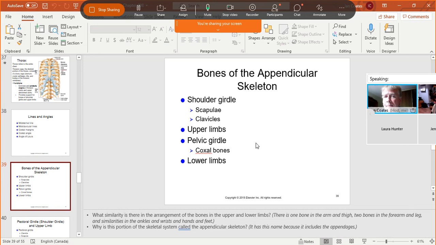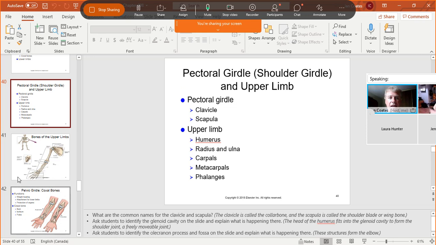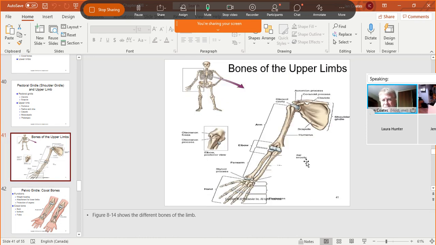Bones of the appendicular. Okay, now we're getting into some good stuff here. We've moved on from the axial skeleton. Now we're into the movement, the arms and the legs and the pelvis and the shoulders and all these kinds of things. All right, the appendicular. So let's have a look. I just like to show you guys these right here.